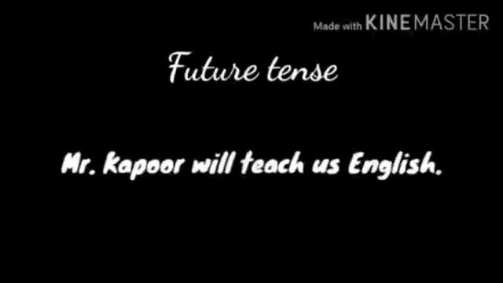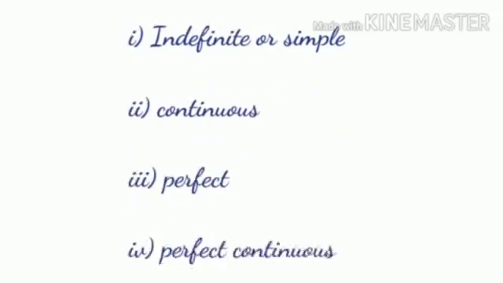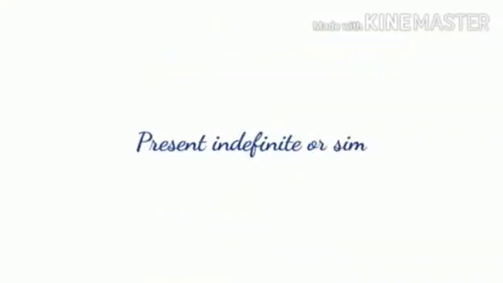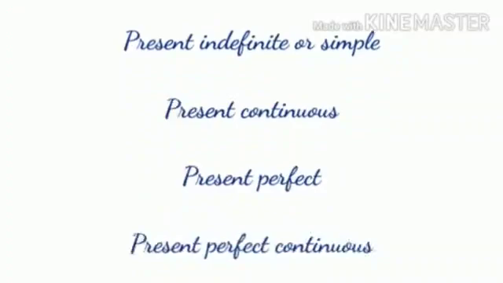Now these three main tenses can be further divided into four subcategories, which are indefinite or simple, second is continuous, third is perfect, and fourth is perfect continuous. So in present tense it becomes present indefinite or present simple, present continuous, present perfect, and present perfect continuous.